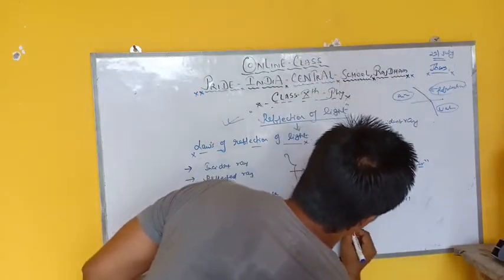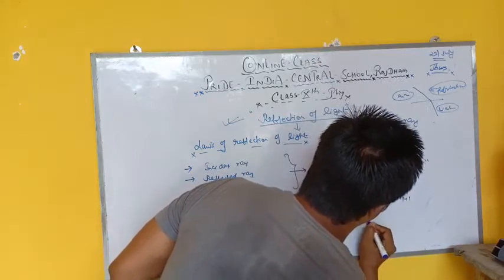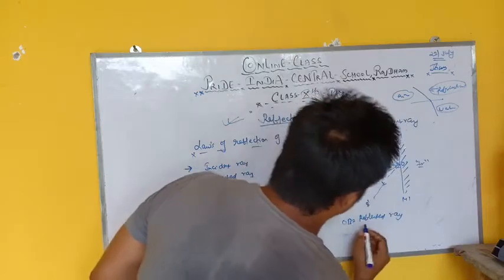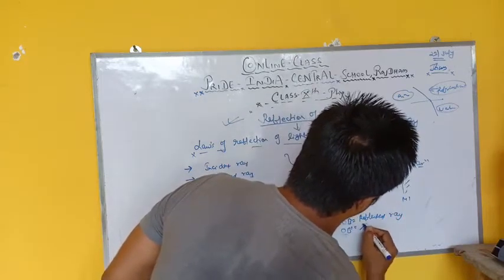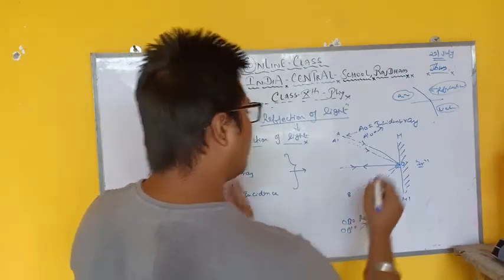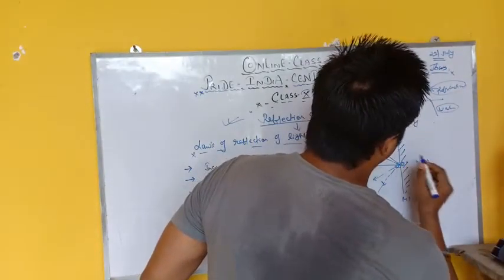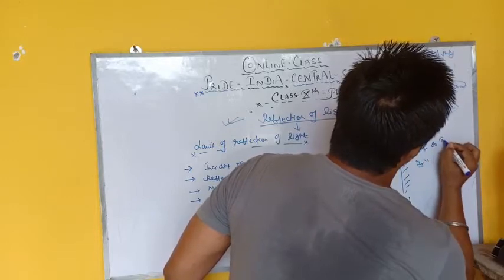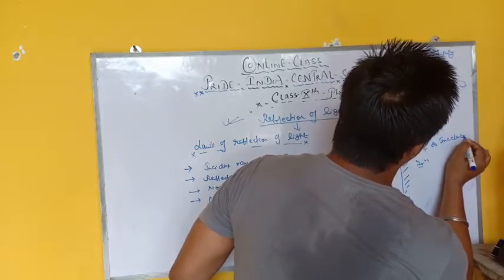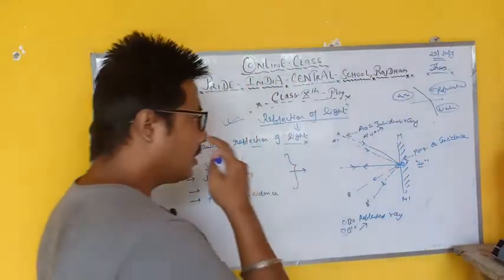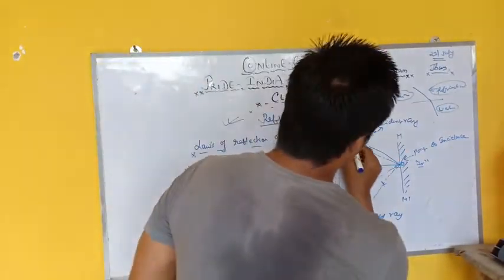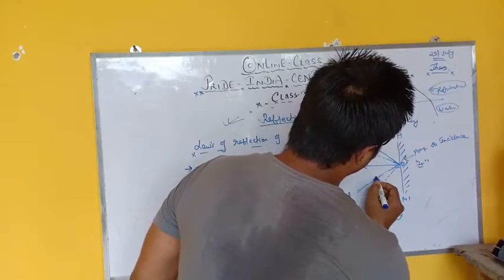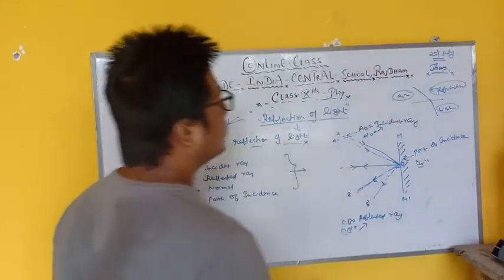Now OB is known as the reflected ray, or OB dash is also known as the reflected ray. Point O is known as the point of incidence. Okay, where the light rays come and meet, and after that the light rays reflect back. This is known as the point of incidence.